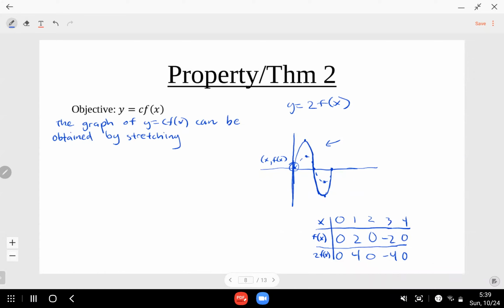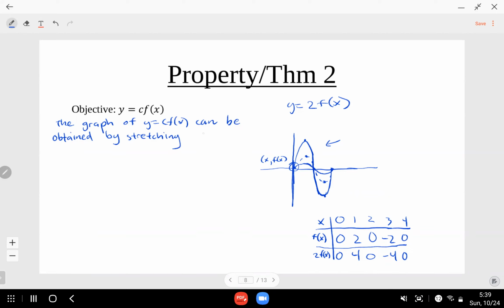If c is an integer, then it would be 1 over c, a fraction, and then it's compressing it, right? If you had 1/2 f of x, then it would compress. It'll be like this, flatter.